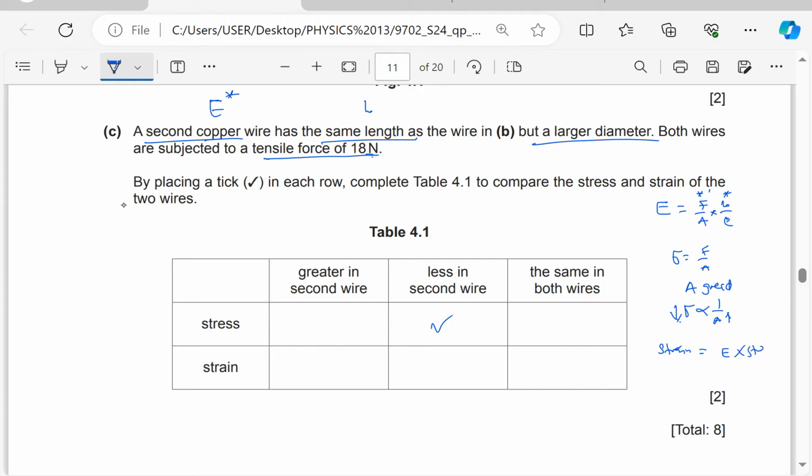The Young modulus is a constant, but the stress has decreased. Because strain is directly proportional to stress, a decrease in stress will mean a decrease in strain. So the second wire will have less stress and therefore less strain. So the answers must be those two boxes.